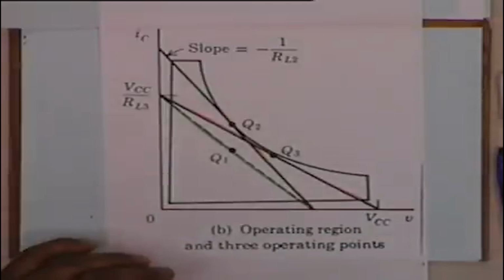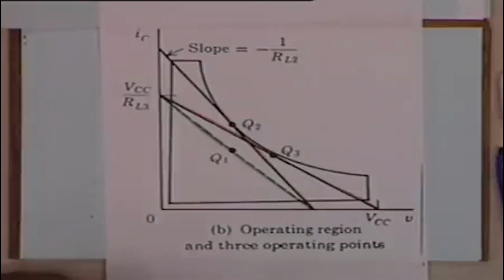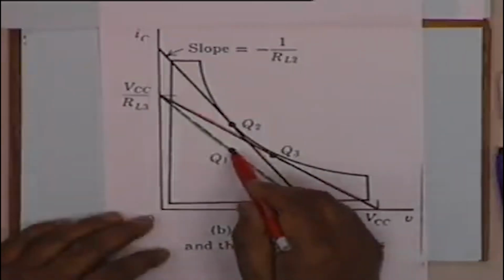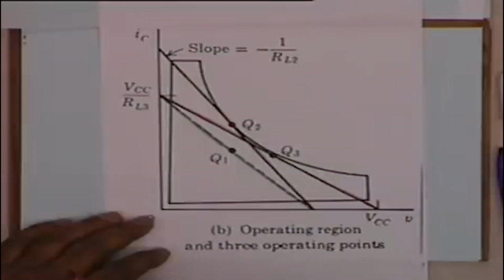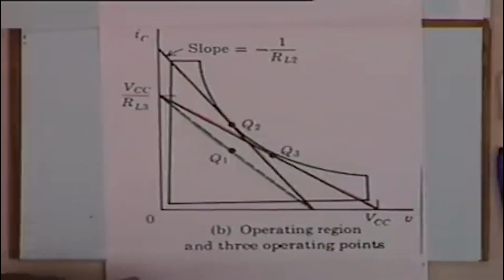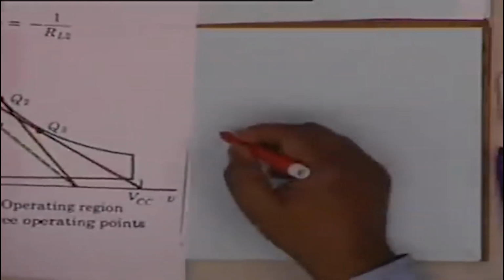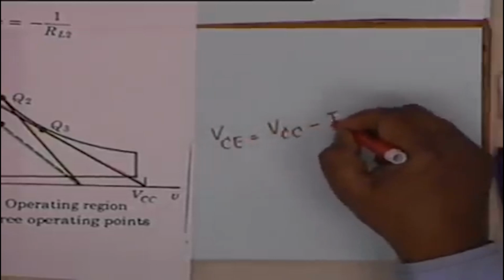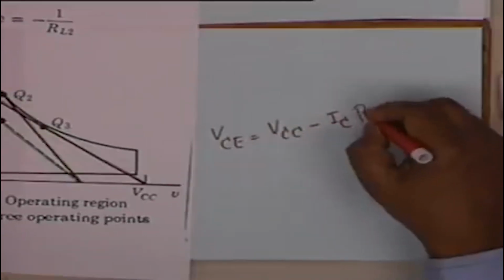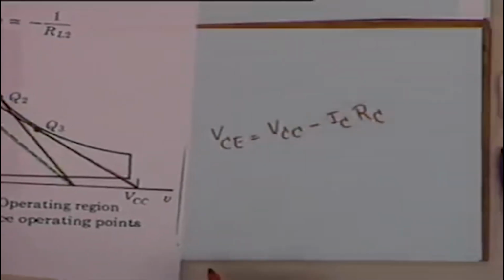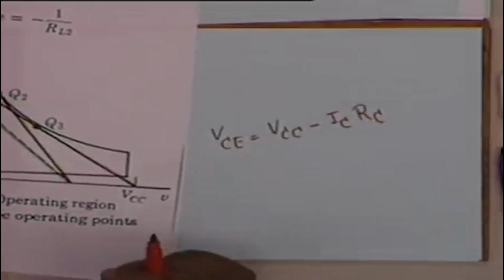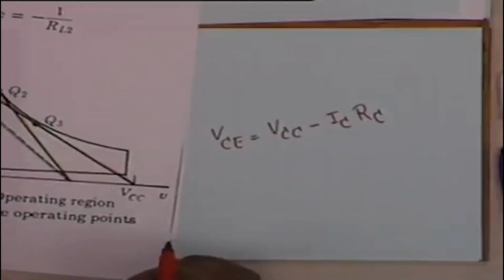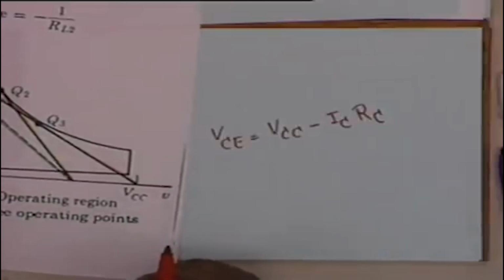Now, the point is, where should we choose the Q point? Three possible Q points are shown here, Q1, Q2, Q3, and the corresponding load lines. What is a load line? A load line is a straight line satisfying the relation VCE equal to VCC minus I sub C times R sub C, if there is no resistance in the emitter lead.